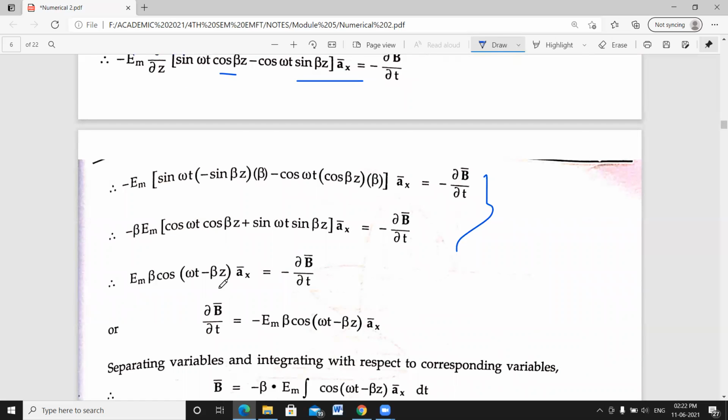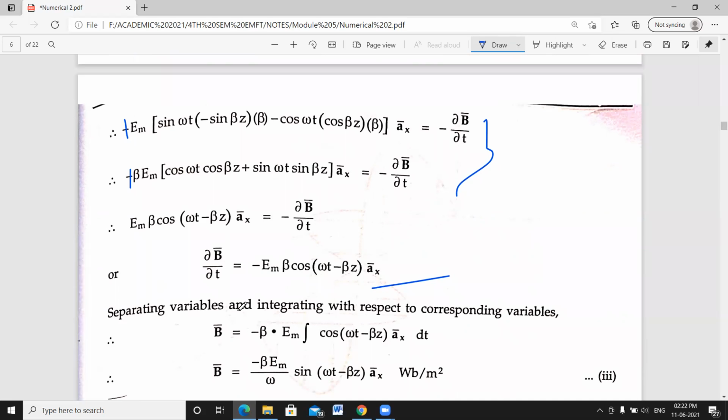For that reason, I can simplify: Ax equals minus ∂B/∂t. If I take minus outside, it becomes plus. Therefore ∂B/∂t is minus Em β cos(ωt − βz) of Ax.